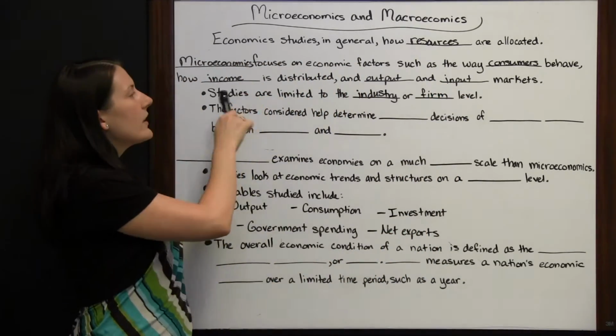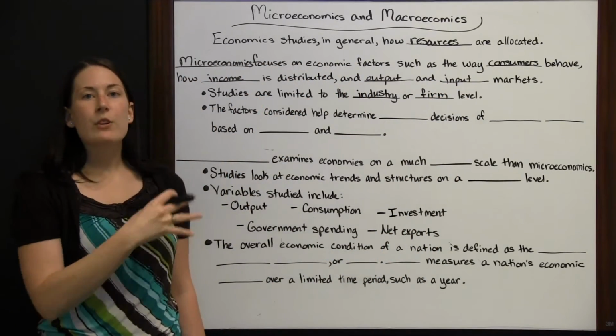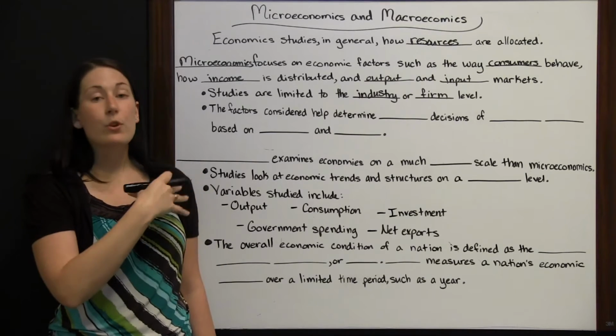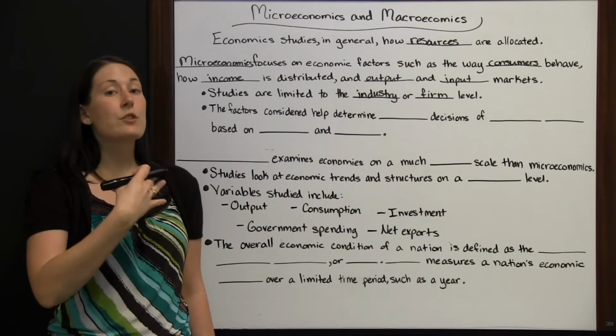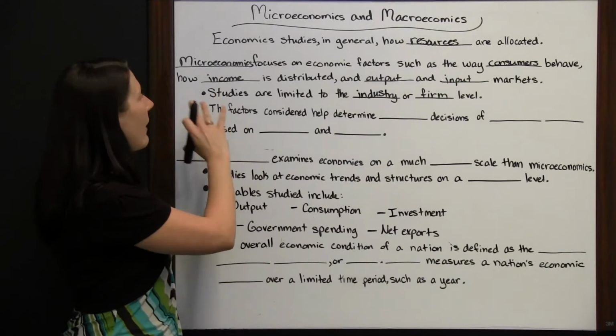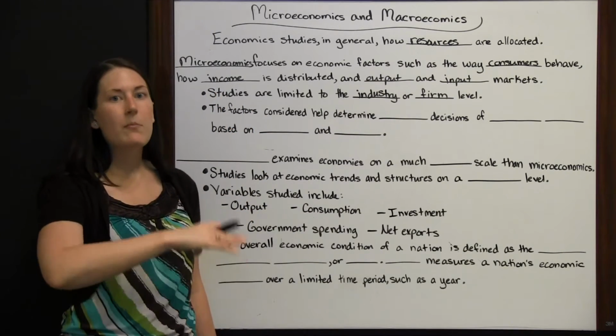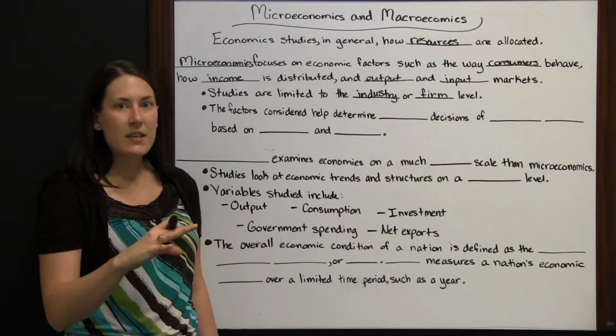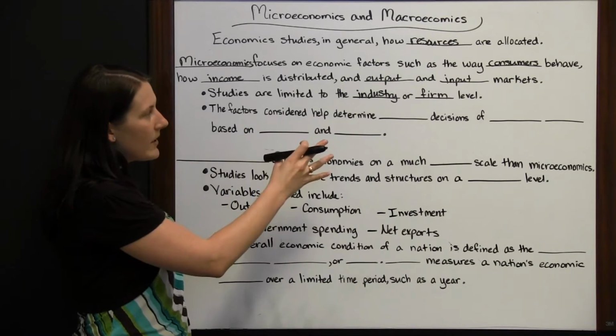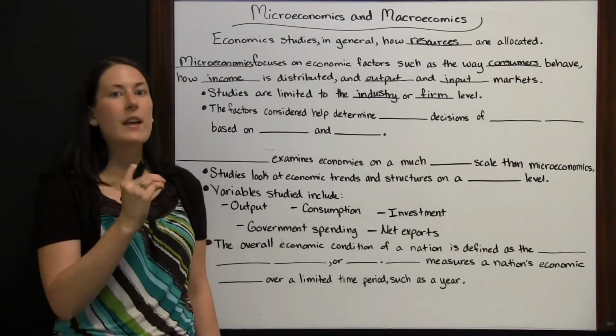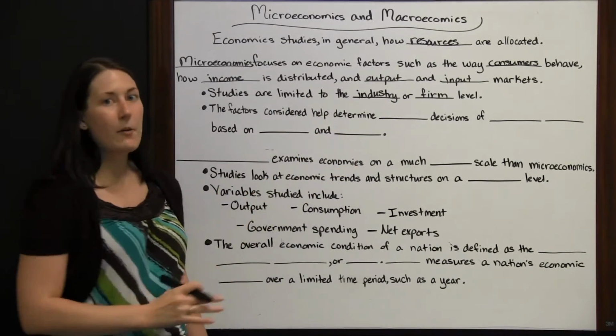So we're looking at how the consumers behave toward a specific industry or toward a specific product, toward a specific company. How income is distributed for that specific company or for companies within a specific industry. The output and input markets for those specific industries or for a specific company.